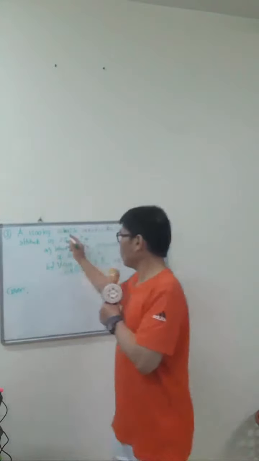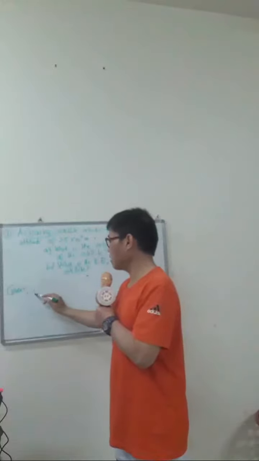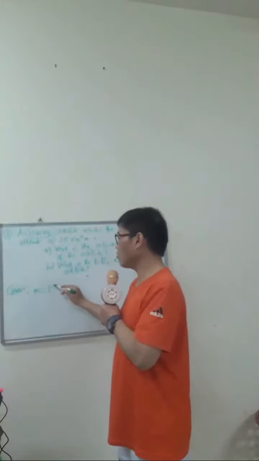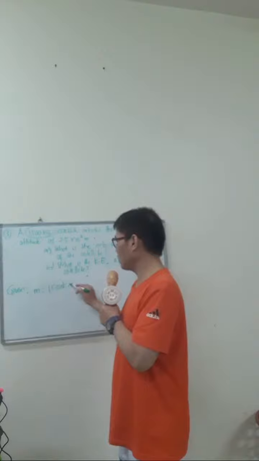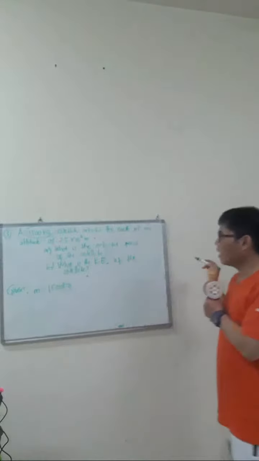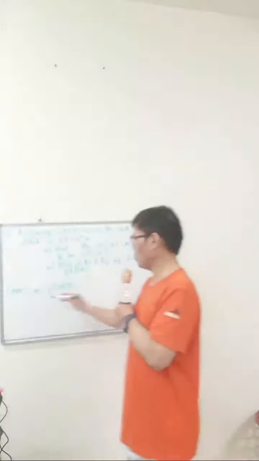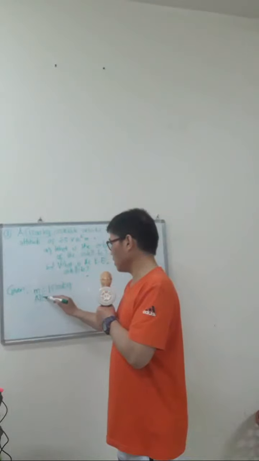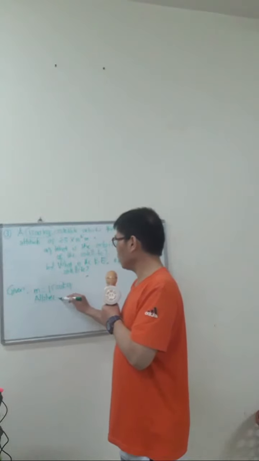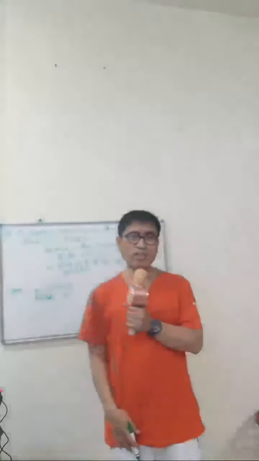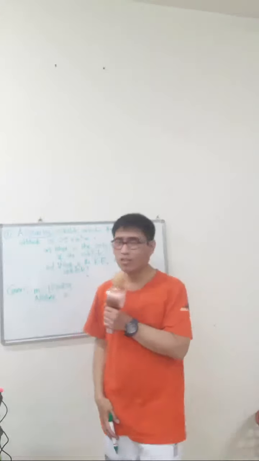We have 1,500 kilograms as the mass. Honestly, guys, I haven't encountered yet how to solve this. The altitude is 2.5 times 10 to the 6 meters, and we need to remember social studies for this because it talks about altitude.